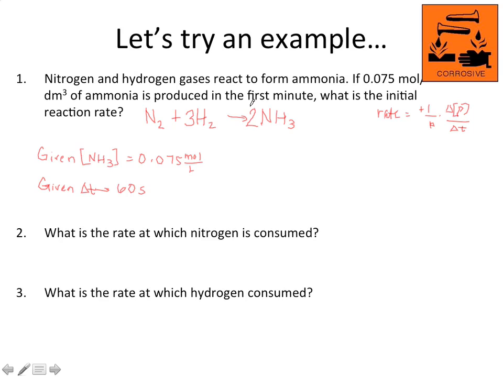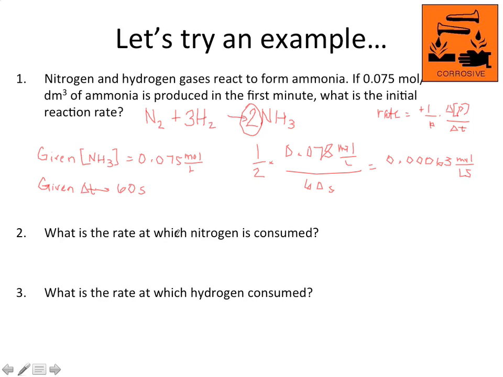So I have a coefficient here, that's my number of moles, 1 over 2 times my NH3, 0.075 moles over liters, divided by 60 seconds. So when I calculate that out, I get 0.00063 with the correct number of sig figs moles over liter seconds. So that is my initial reaction rate, how quickly I am forming NH3 in the first 60 seconds.